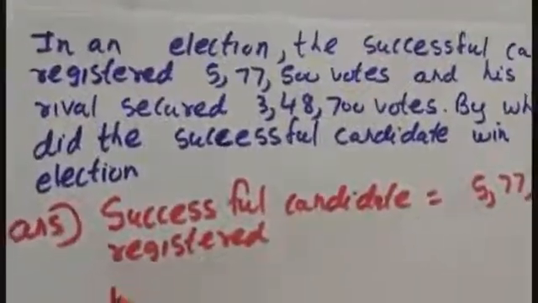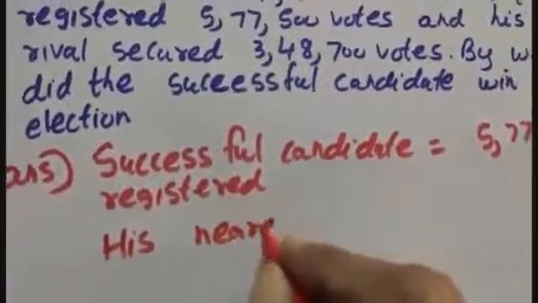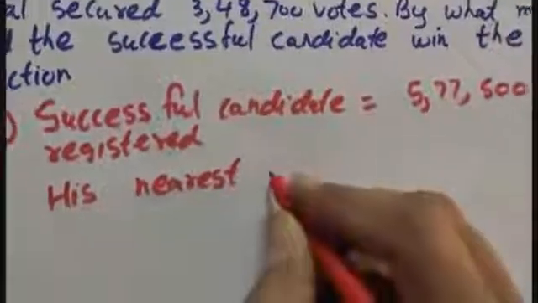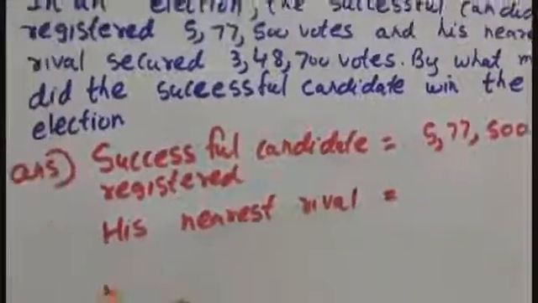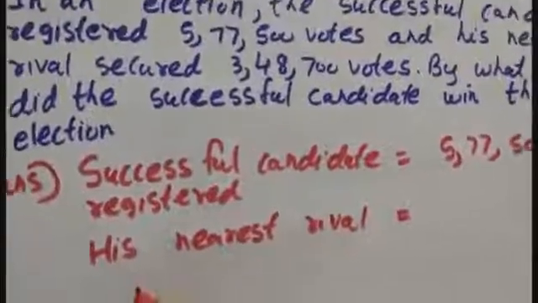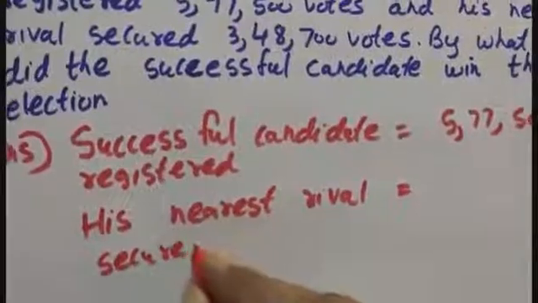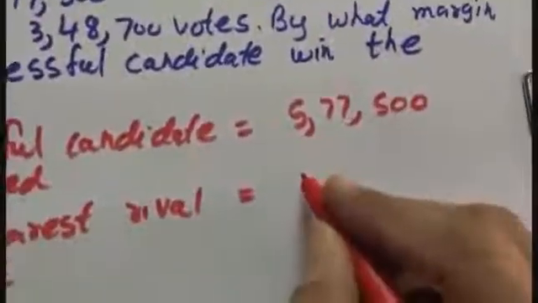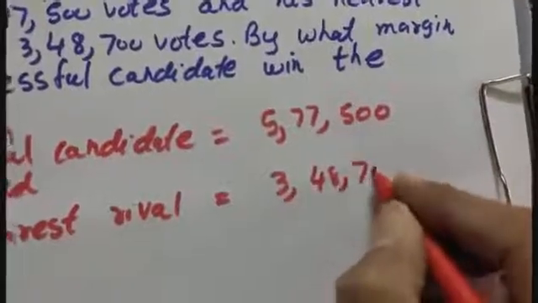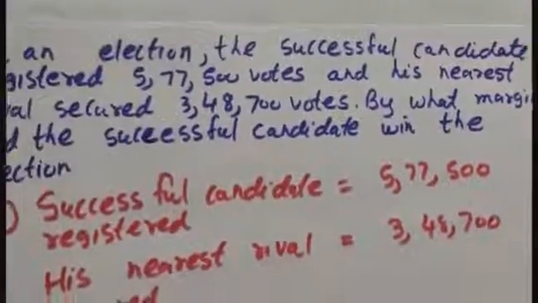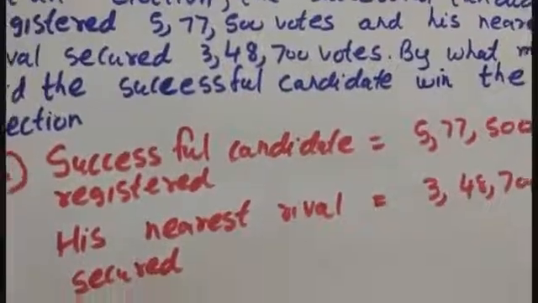His rival, his nearest rival. Rival means one who stood against him. His nearest rival secured or registered, anything you can write, that is 3,48,700 votes. By what margin did the successful candidate win the election?